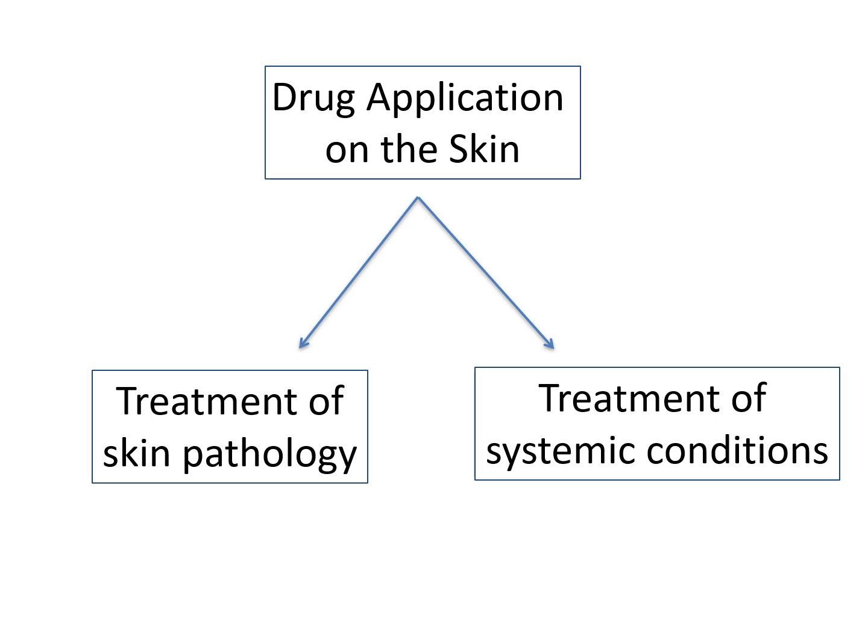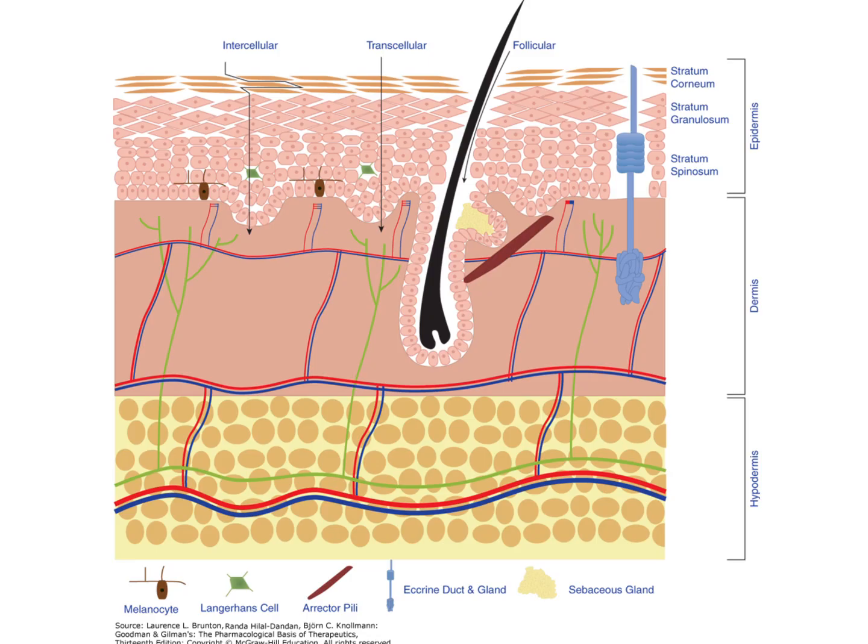We will mention just briefly some of the factors that are important in absorption of drugs. And this is the structure of the skin. No need to remind you of it.